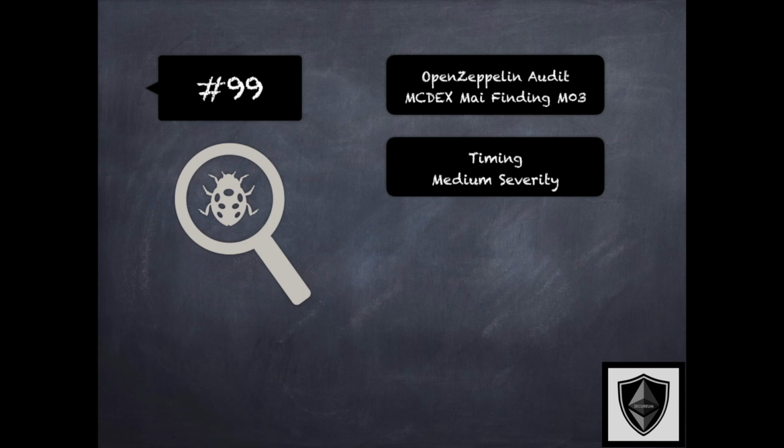2. In the withdraw function of the collateral contract, collateral was sent before the event was emitted. And 3. The same pattern occurred in deposit to insurance fund, deposit ether to insurance fund, and withdraw from insurance fund functions of the perpetual contract.